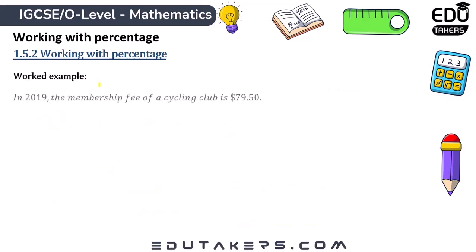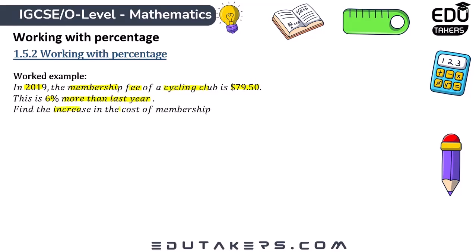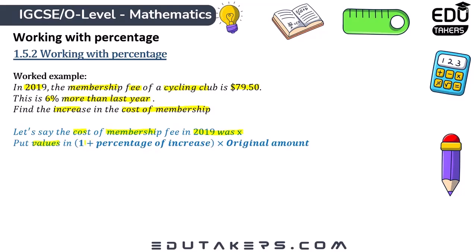Worked example. In 2019, the membership fee of a cycling club is $79.50. This is 6% more than last year. Find the increase in the cost of membership. Let's say the original cost of membership was X. Put values in: 1 plus percentage of increase multiplied by the original amount.